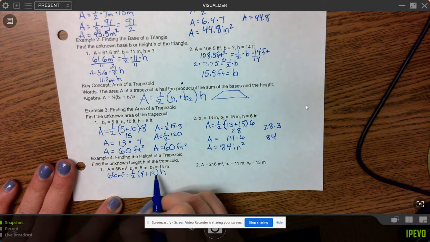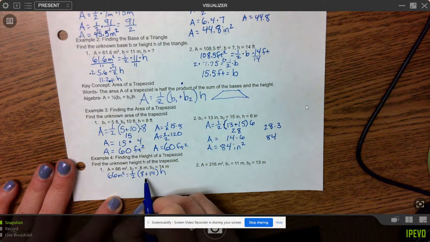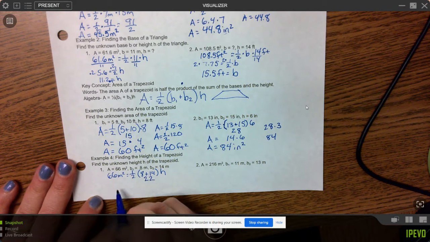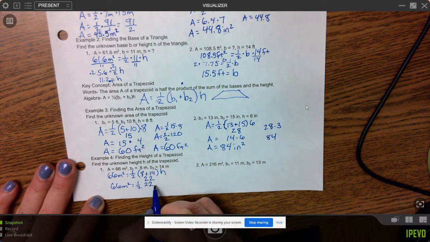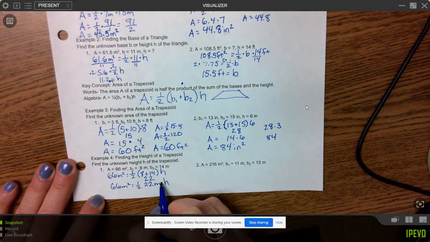So the first thing I'm going to do is my parentheses. 8 plus 14 is 22. So my equation is 66 meters squared equals 1/2 of 22 meters times h.